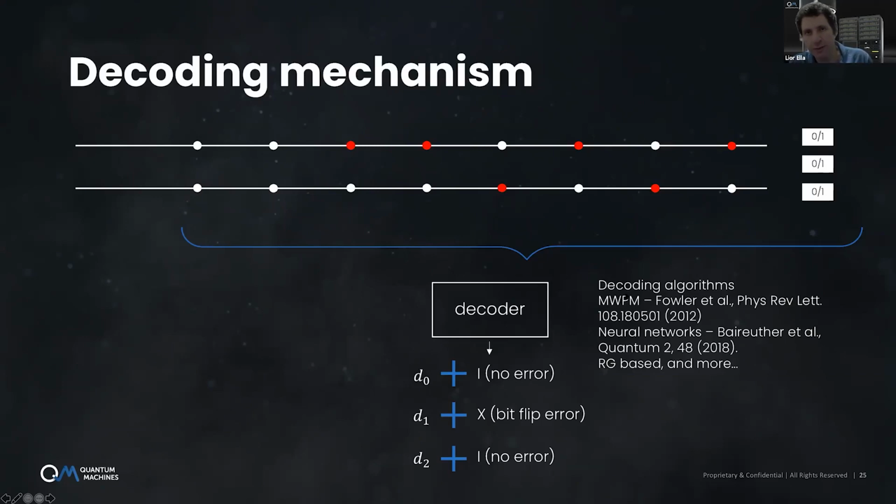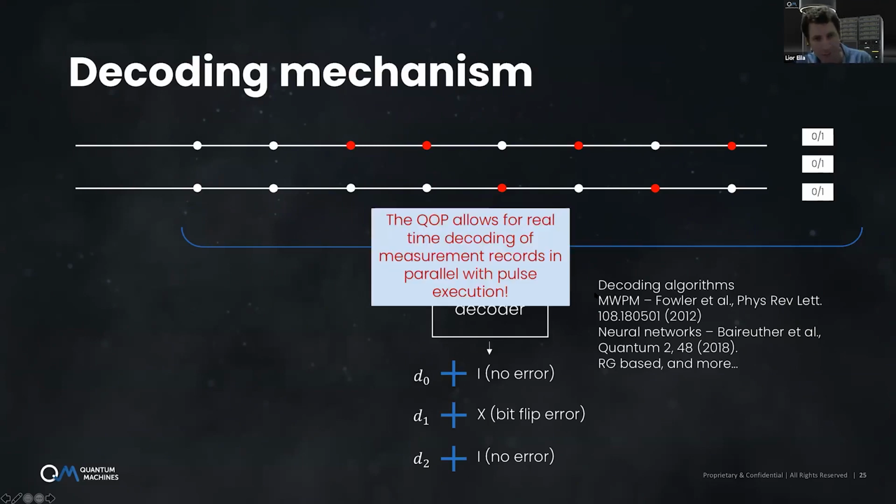If you're interested in learning more about decoding algorithms, here are some references. There are several decoding algorithms. The traditional, original one discussed in the context of surface codes, which are like 2D versions of this, is the minimum weight perfect matching decoding algorithm. More recently there are algorithms based on neural networks and renormalization group, and this is an active field of research.